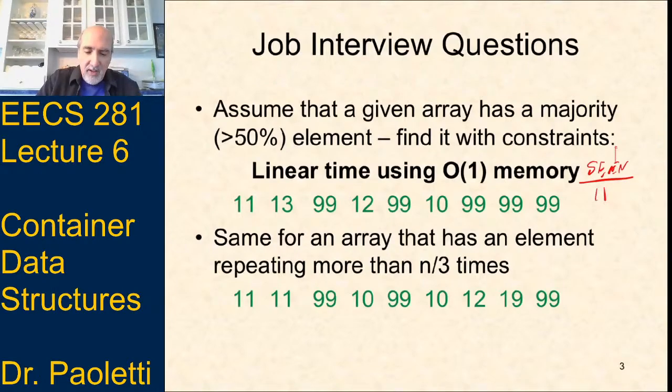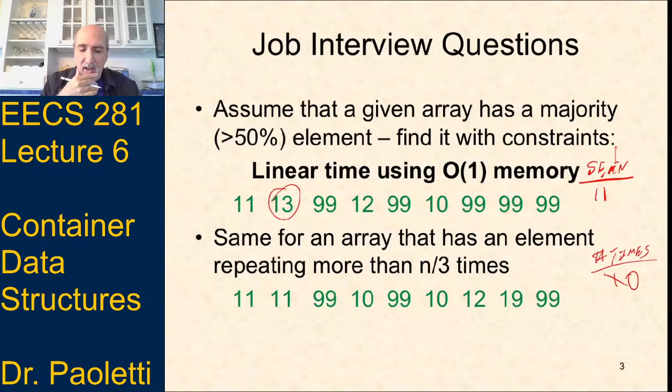I've seen an 11, and how many times have I seen it? I've seen it once. Then when I look at the 13, I say, well, that 13, it's not an 11, so it cancels out that 11. I'm looking for how many of this thing have I seen that hasn't been canceled out by anything else.